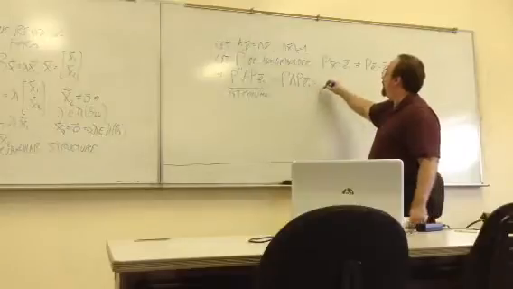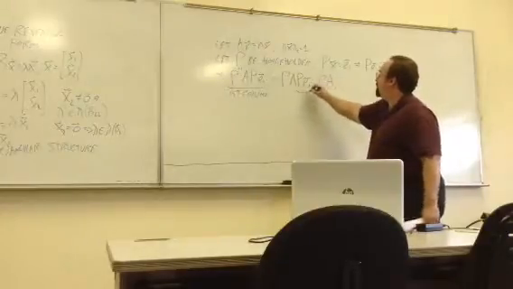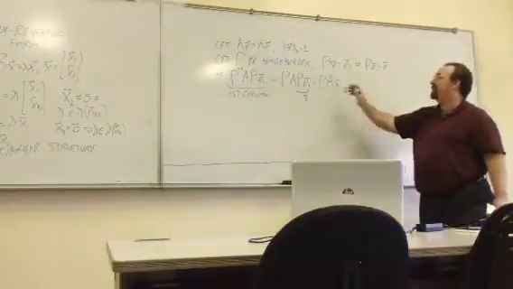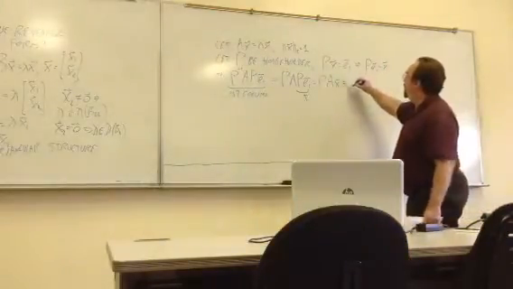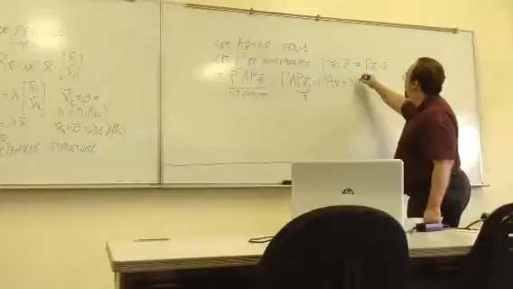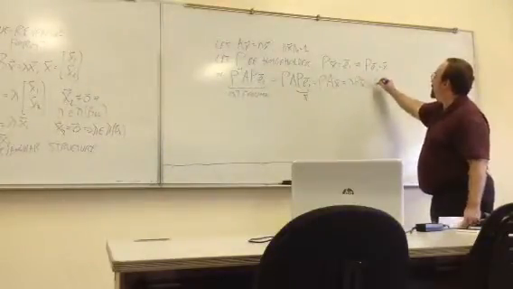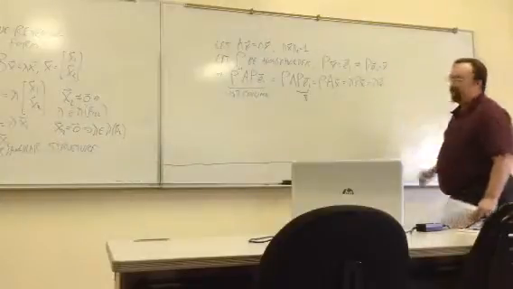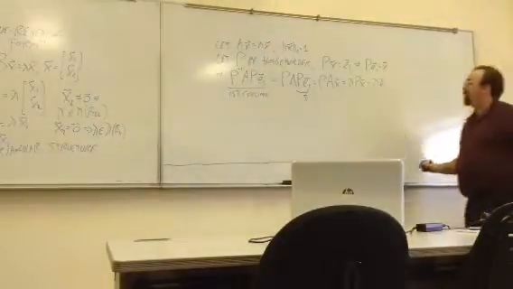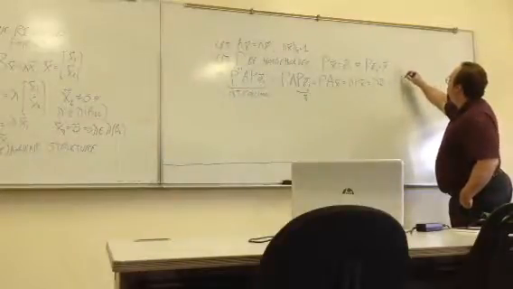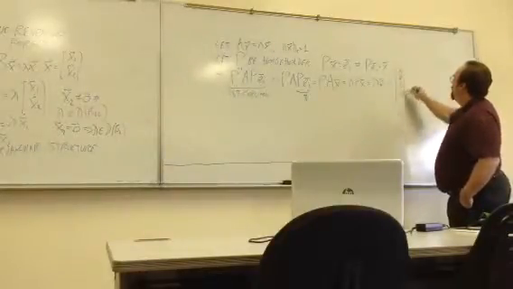Now P E1 is equal to X. But X is an eigenvector of A. So I get lambda P X, but P times X is equal to E1. So as a result, the first column of P inverse A P is just the eigenvalue and all zeros.